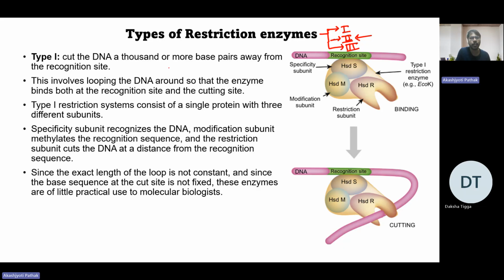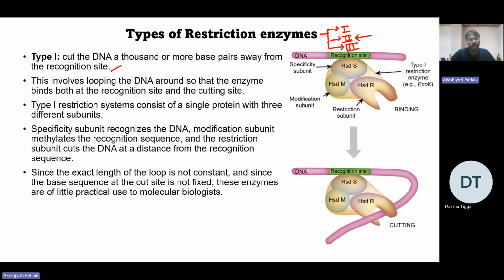So what does type 1 restriction enzyme do? First of all, this type 1 restriction enzyme cuts the DNA 1,000 or more base pairs away from the recognition site. It has a particular recognition site, but the recognition site and the restriction site are different.